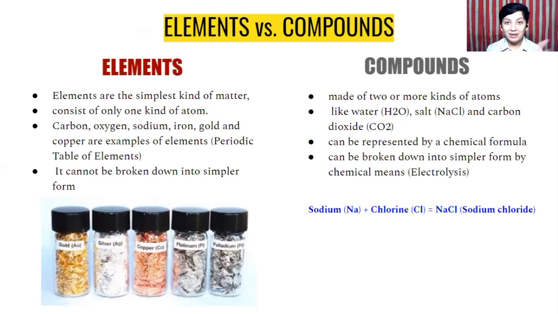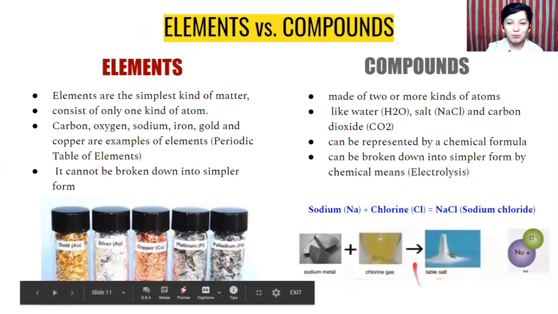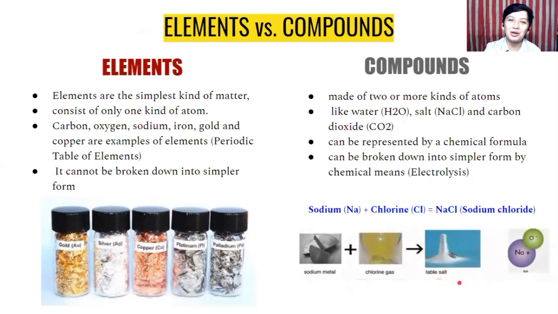So when it evaporates, class, meaning to say the water turned into gas, the oxygen and the hydrogen separated. And this is an example of them: sodium metal and chlorine gas to form table salt. So that is an example of our compound here.